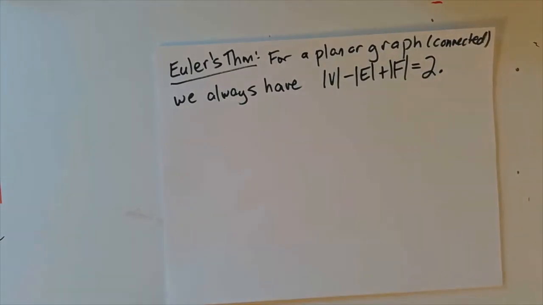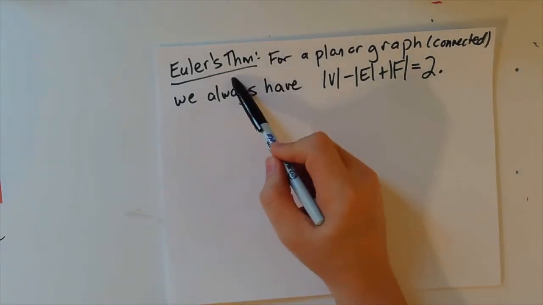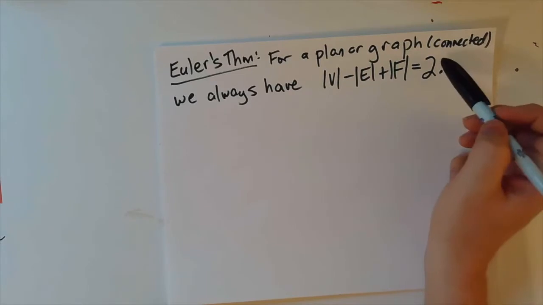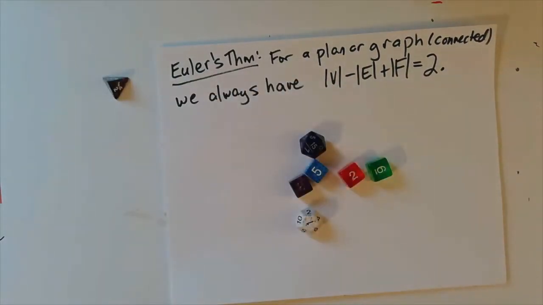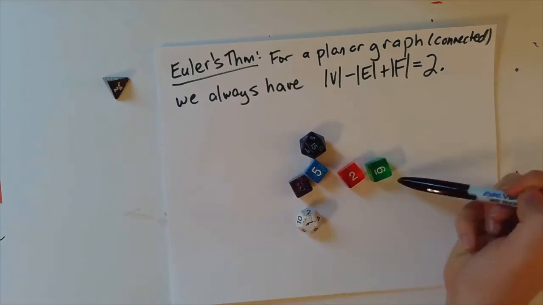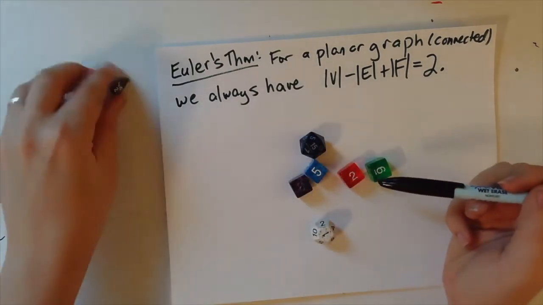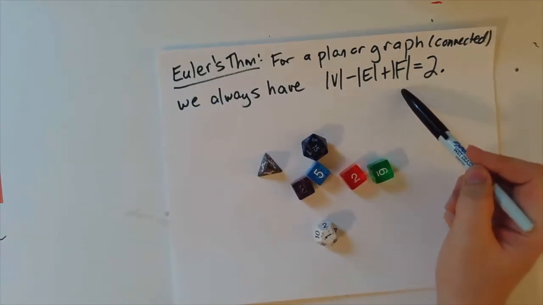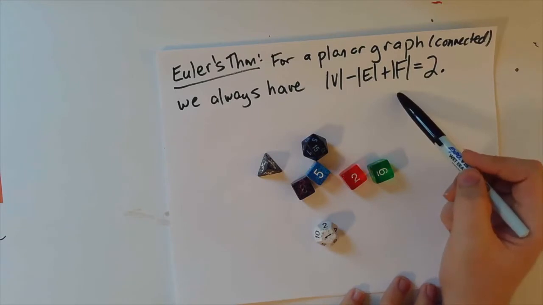Okay. Before I actually prove this, I want to point out that this is really a result from topology. And so, as I mentioned earlier, when we were picturing all of our Platonic solid friends, we were picturing these all as being drawn on a sphere. And so, what this theorem really is, at least the way I think about it, is a property of things on the sphere.